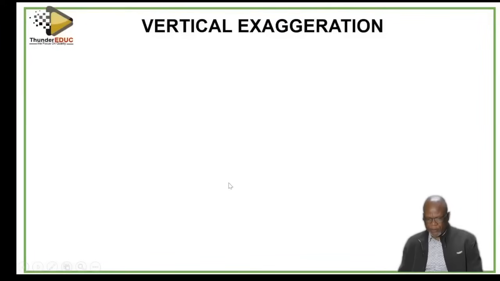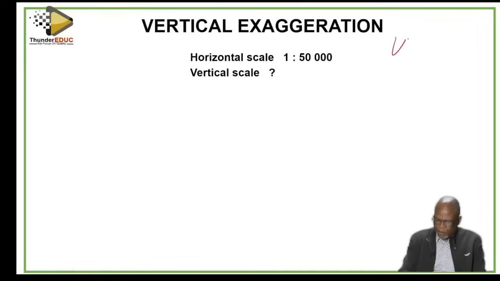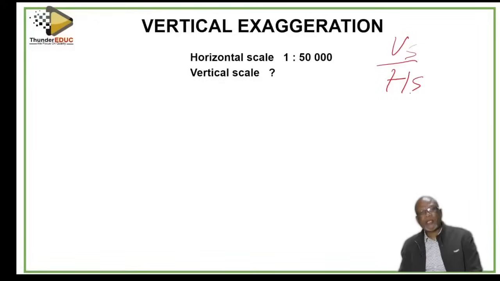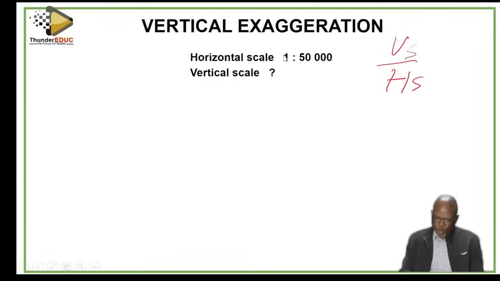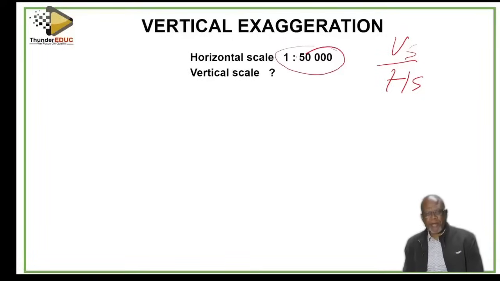Okay, now let's calculate vertical exaggeration first. The formula for vertical exaggeration is equal to vertical scale over horizontal scale. Your horizontal scale is always given on the map.